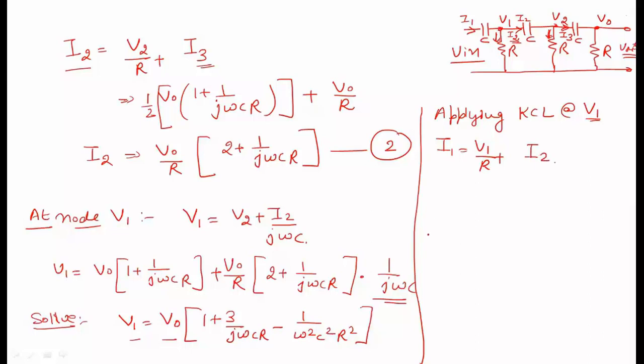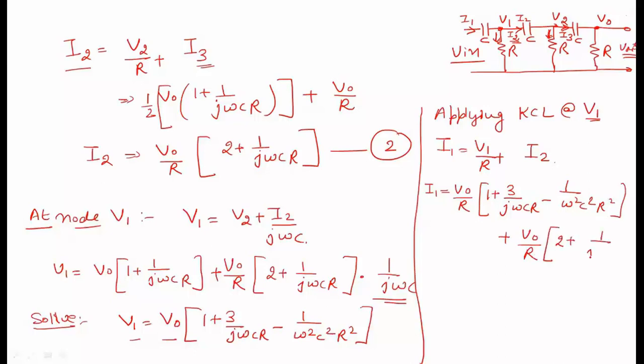And I2 we have calculated, and V1 also we have calculated. So we can say that I1 is equal to V naught by R into 1 plus 3 upon j omega CR minus 1 upon omega square C square R square, plus V naught by R into 2 plus 1 upon j omega CR.